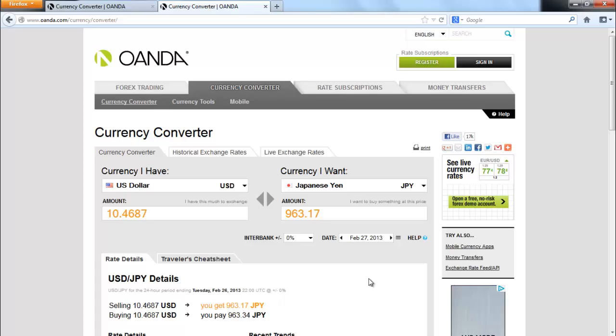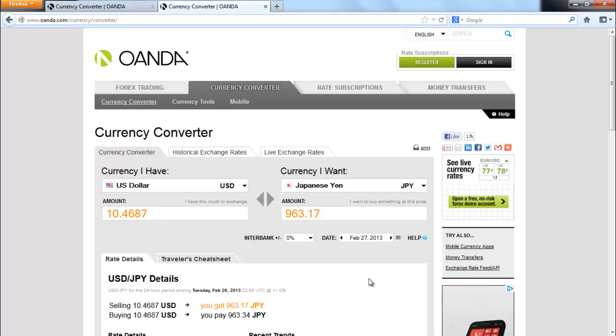On February 27th, unfortunately, on the return trip, the Japanese office will only receive back 963.17 yen, not the full 1,000. You can see in this example that the mere converting of the currency from yen to dollar and back to yen resulted in a pretty significant loss in value. And this is an example of a foreign exchange risk that a company takes when they convert currencies.